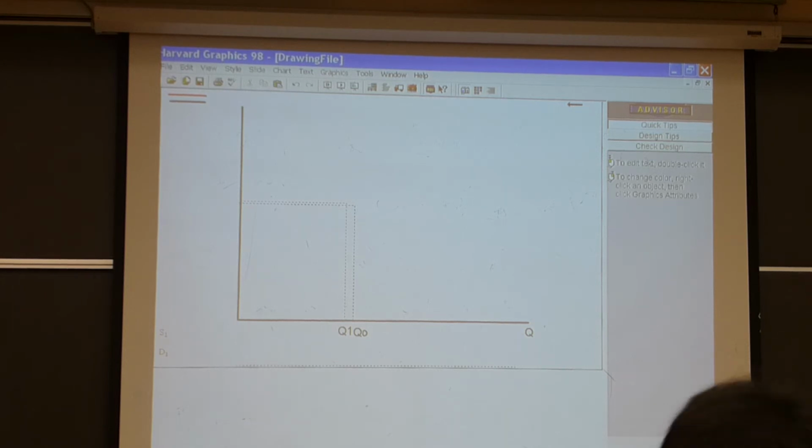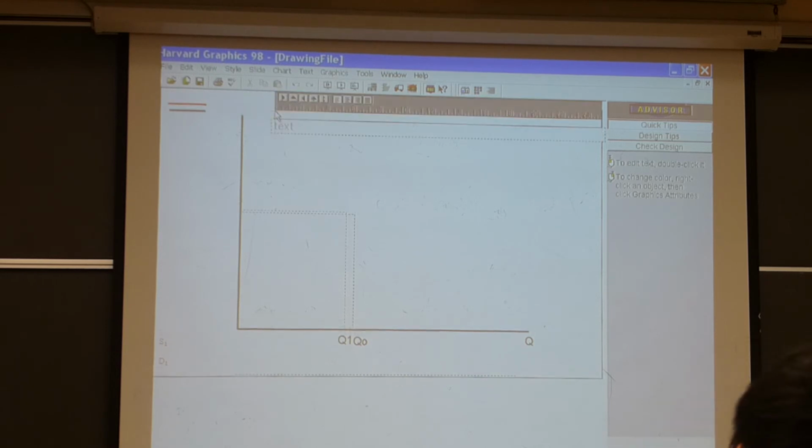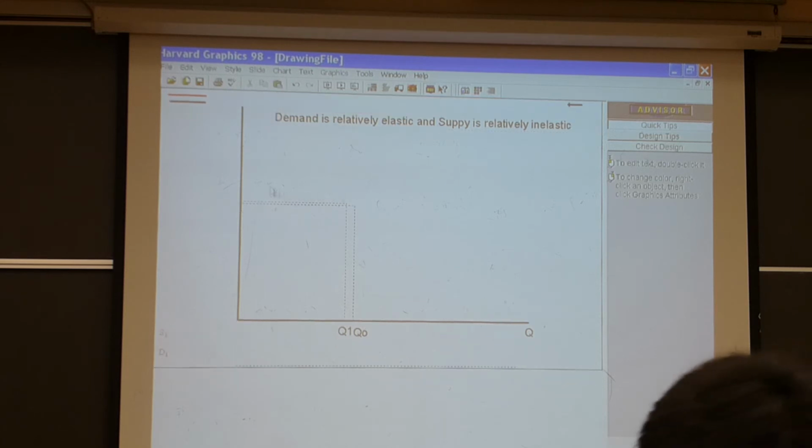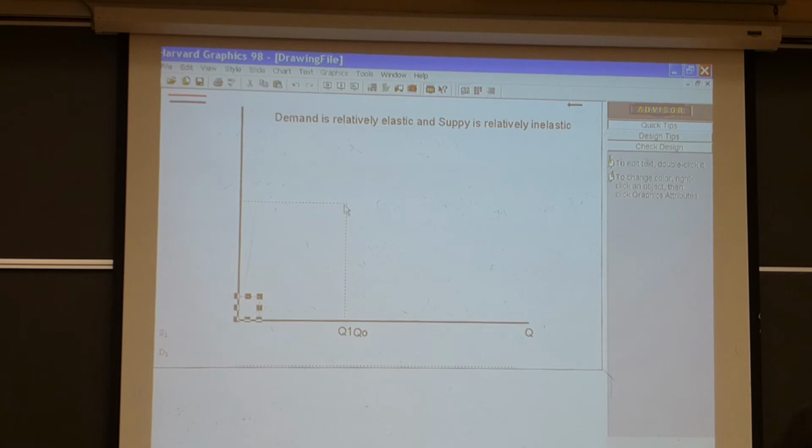We're going to have demand relatively elastic, and supply relatively inelastic. Okay, let's have it drawn. And you would draw, say, I use linear here just because it's simpler.